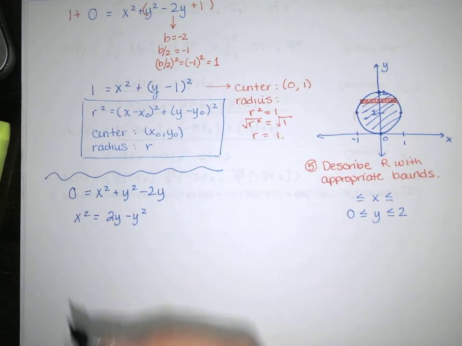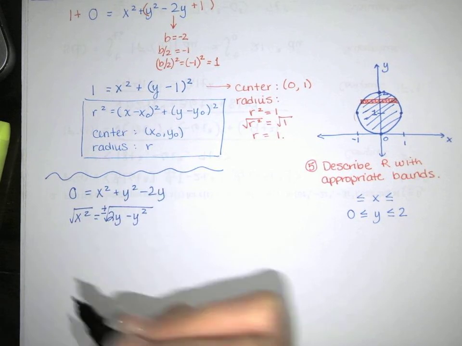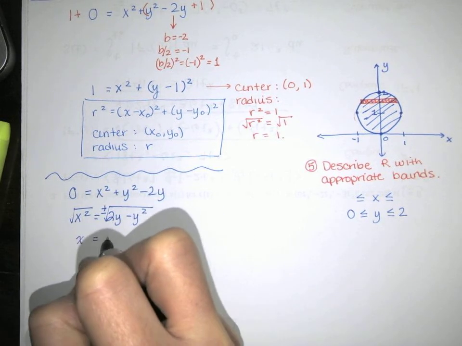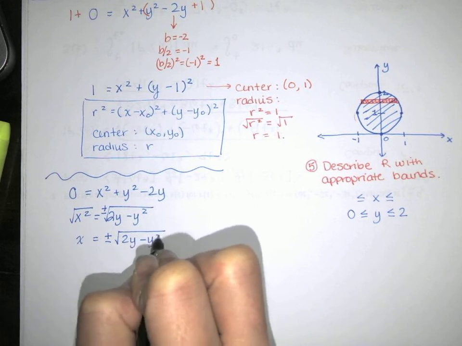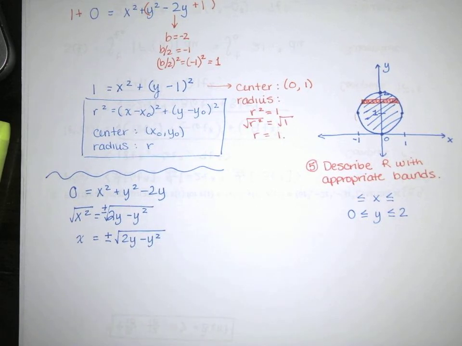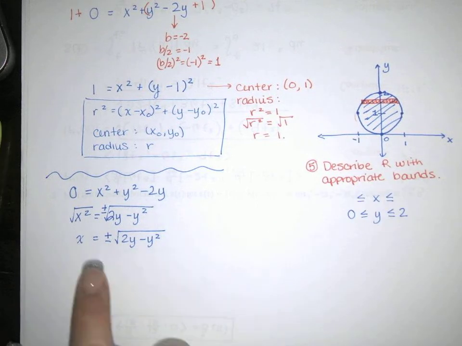And I'm trying to get x by itself, so we'll take the square root of both sides, and don't forget they're plus or minus. So we get x equals plus or minus the square root of 2y minus y squared. And that is giving us the two bounds that we need. Now at first students are like, oh no, that looks really bad.